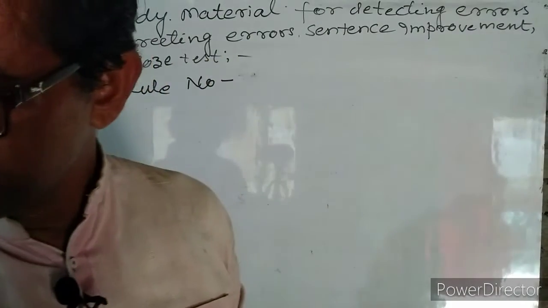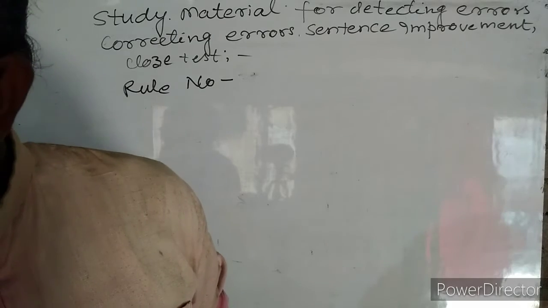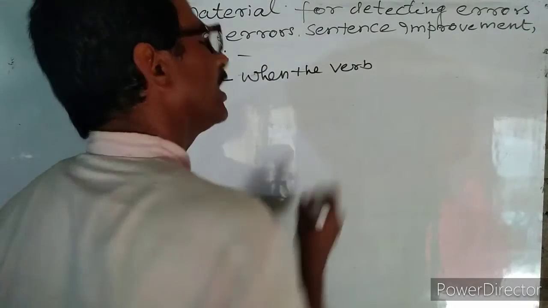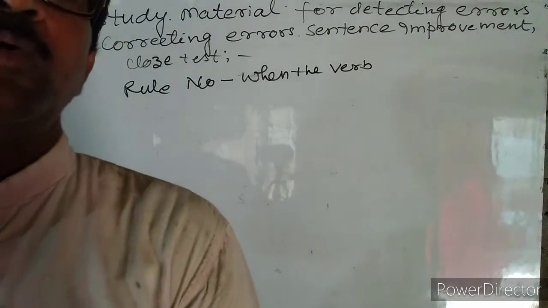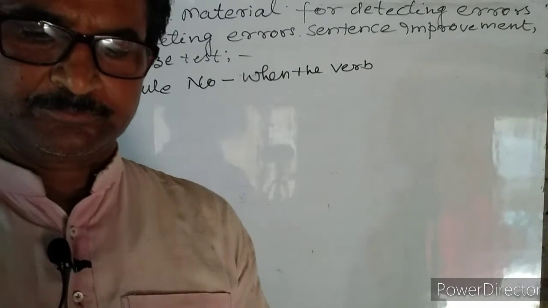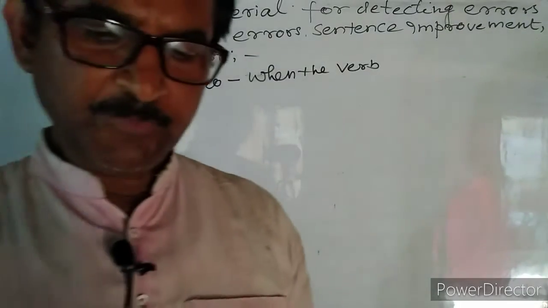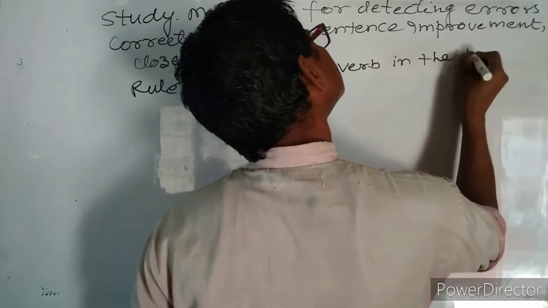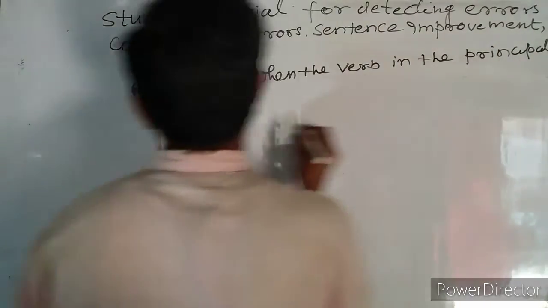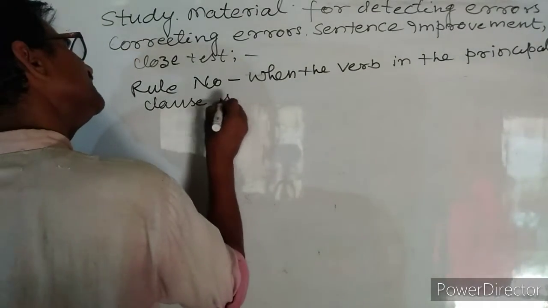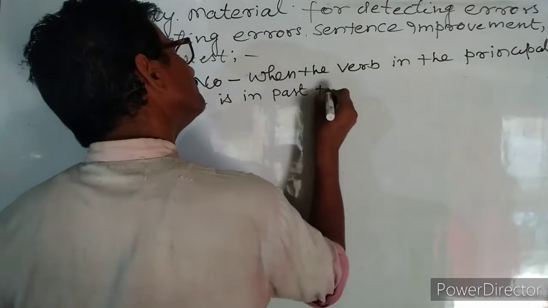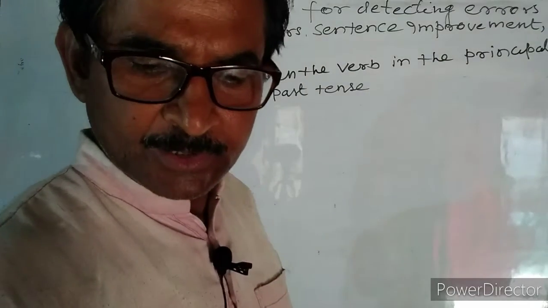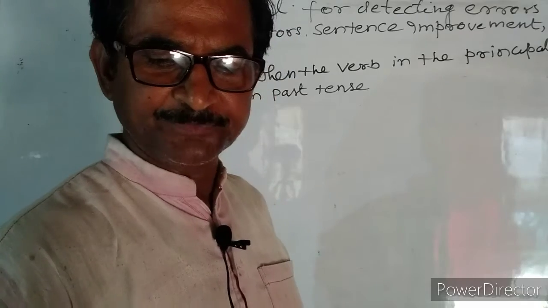First, rule 1: when the verb in the principal clause is in the past tense, the verb of the subordinate clause should be in the past tense.